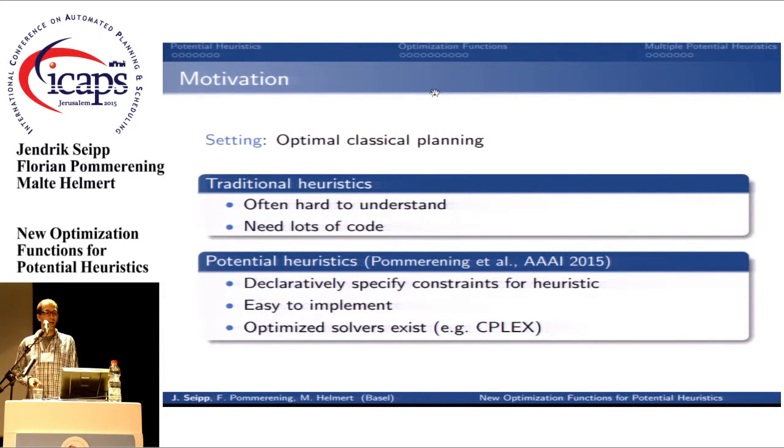On the other hand, potential heuristics, recently introduced by Pommerening and others at this year's AAAI, declaratively specify the constraints for a heuristic. So instead of saying how a heuristic should behave, you just specify how it should look. They are easy to implement, and we can use optimized solvers to obtain heuristics, for example, Seipps.